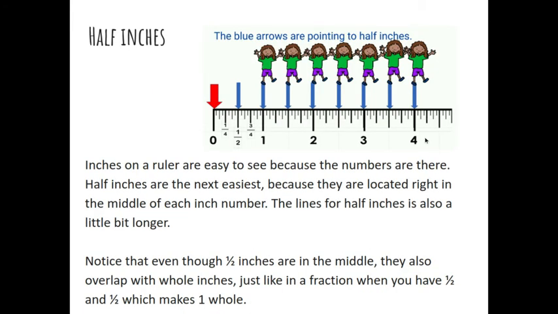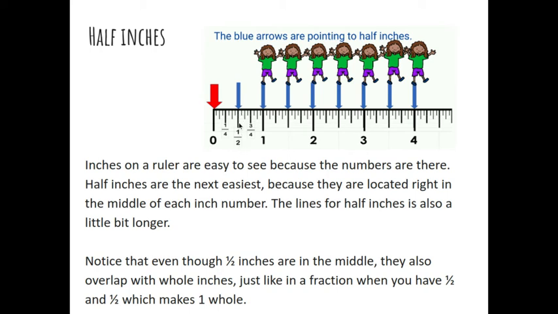Let's talk about half inches. The regular inches on a ruler are easy to see because the numbers are right there for you. Half inches are the next easiest because they are located right in the middle of each inch number. The lines for half inches are also a little bit longer. If you notice, all of the half inches have a blue arrow above them in my picture.